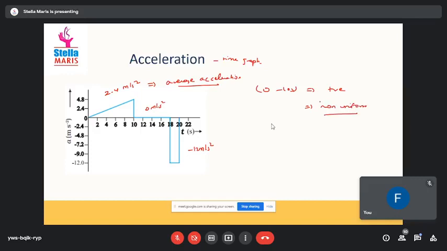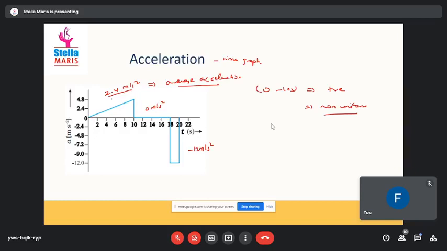So you understand this graph from 0 to 10 seconds, the average acceleration is 2.4 meter per second squared. Or else do you have any doubt why this is 4.8? Do you wonder why it is plotted at 4.8 meter per second squared? Anyone wondering like that? Are you guys clear?